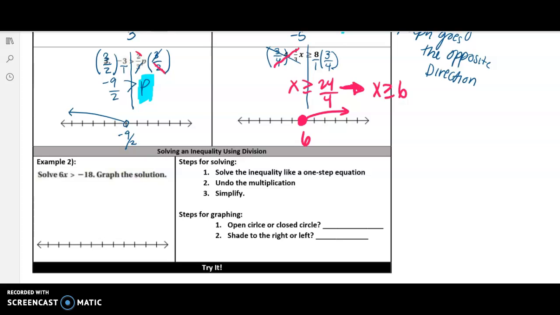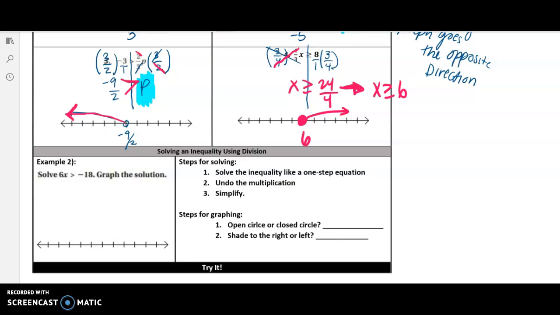So we get -9/2 is greater than p. But you'll notice p is on the right side again. So my graph is going to go in the opposite direction. So it looks like it's greater than, however, we're going to go in that less than direction to the left because my p is on the right side.